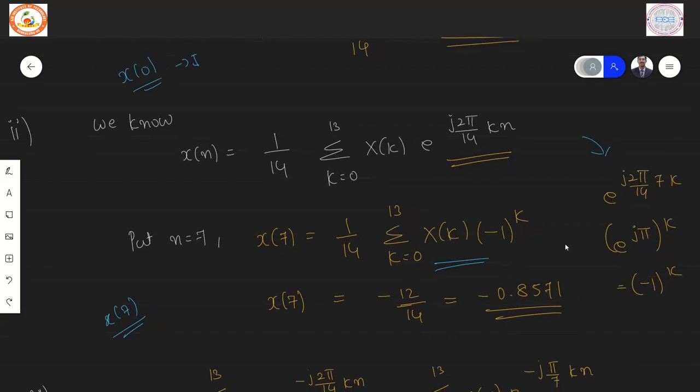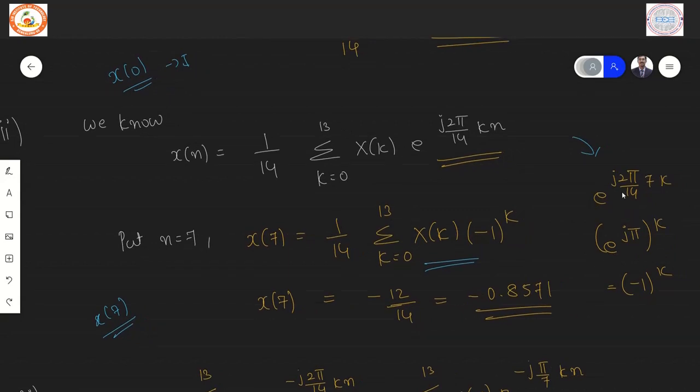This we are aware of because the exponent e^(j2π/14 · 7k) simplifies and becomes (e^(jπ))^k, and e^(jπ) is minus 1. So exploiting this concept, we understand that alternating values will have plus and minus, and we perform the addition of all this. The sum is equal to minus 12 divided by 14, the answer is minus 0.8571. So students, you are expected to do the substitution and simplification, which is not shown here.